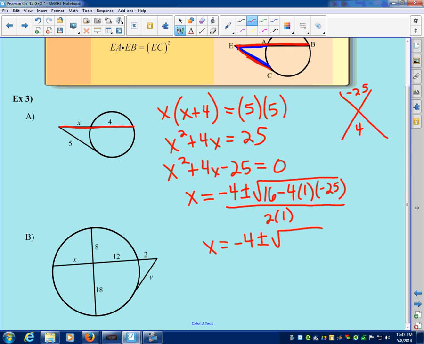This ends up being a positive number. 4 times 1 times negative 25, that's negative 100. It's 16 minus negative 100, all over 2. So that does equal a positive number. It's square root of 116 all over 2.